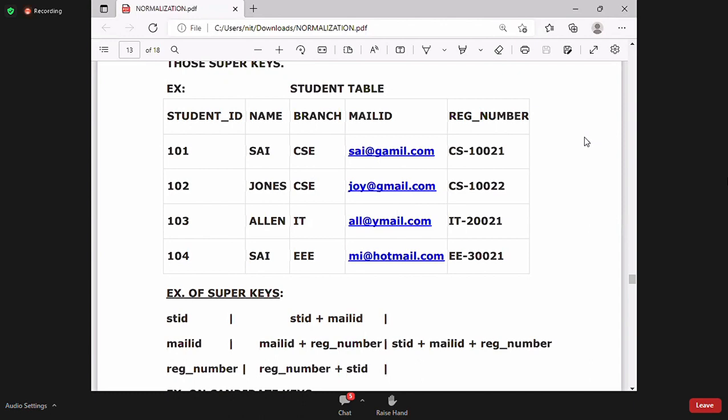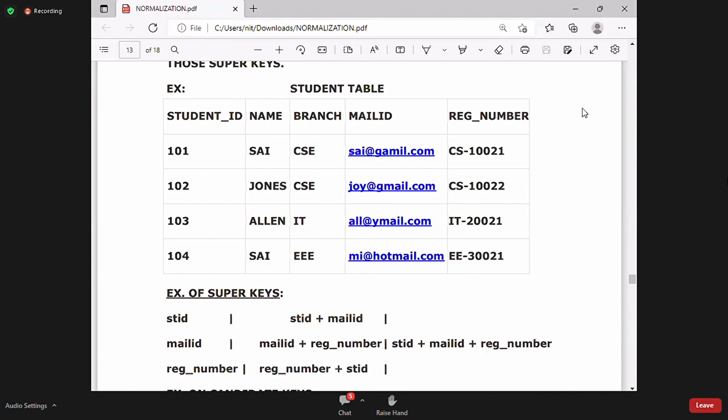So can I say the registration number column is also a super key column? Yes. Now, in this entire table, how many super key columns? 3 super key columns. What are those? Student ID, mail ID, registration number.